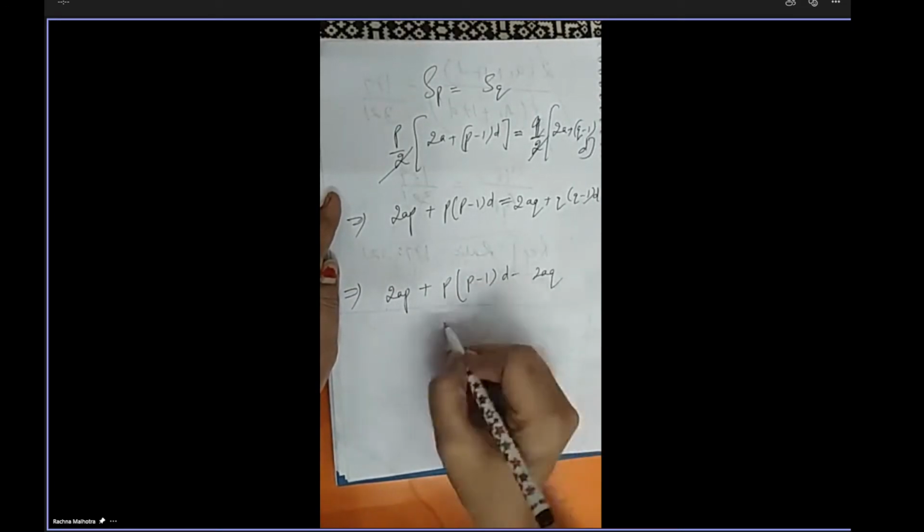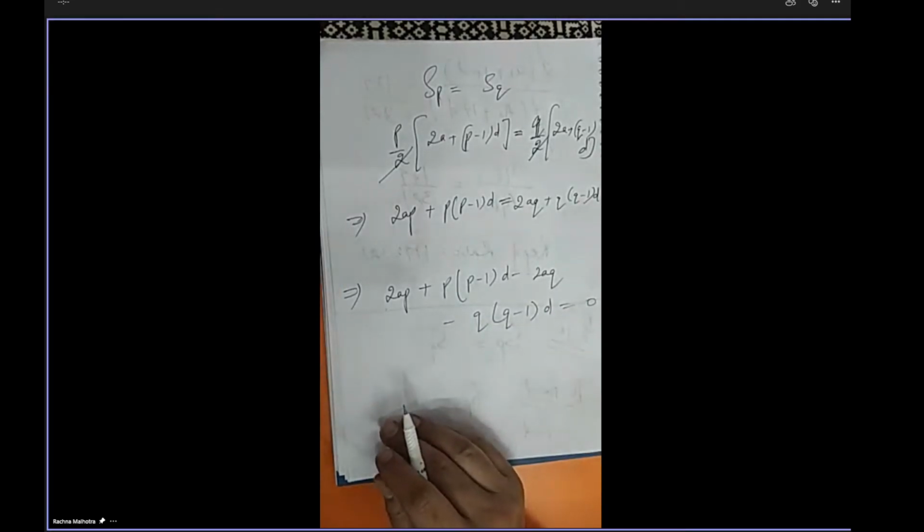Now shift all the terms of the right hand side to the left hand side. So this is 2aP. What should I do now?